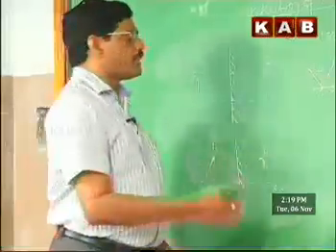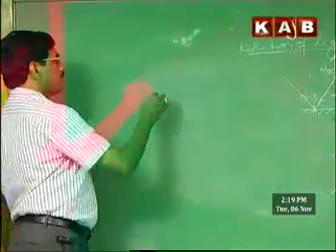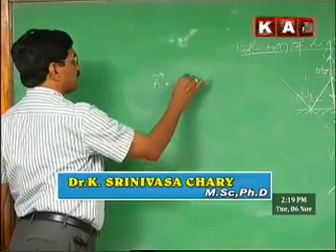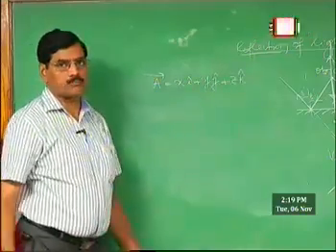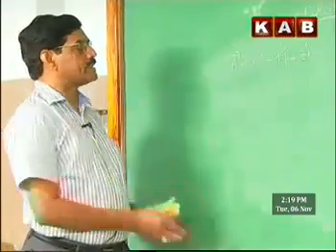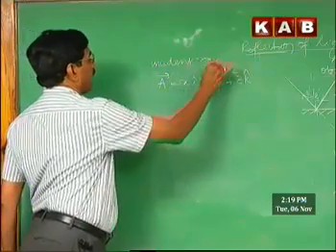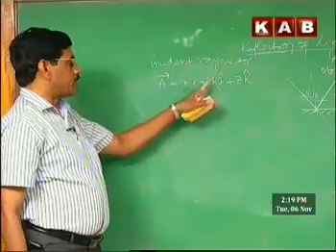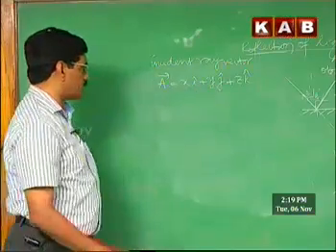Now consider the vector representation of the reflected ray and incident ray. A ray of light represented by xi plus yj plus zk in vector form represents the vector of the incident ray, where i, j, k are the unit vectors in the xyz coordinate system.